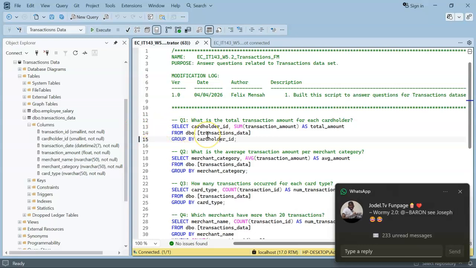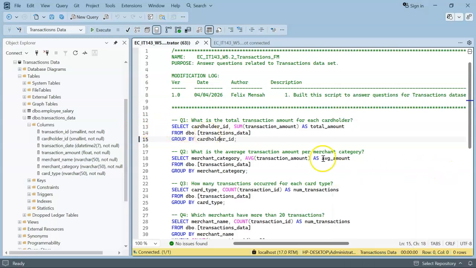We use the sum function, as we said in the PowerPoint, to group by the cardholders and aggregate all their separate spending. This query groups all transaction records by cardholder ID, then sums up all the transaction amounts for each cardholder. This produces one row per cardholder showing their total spending.